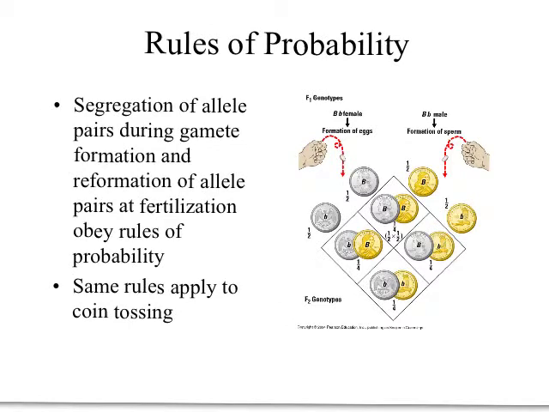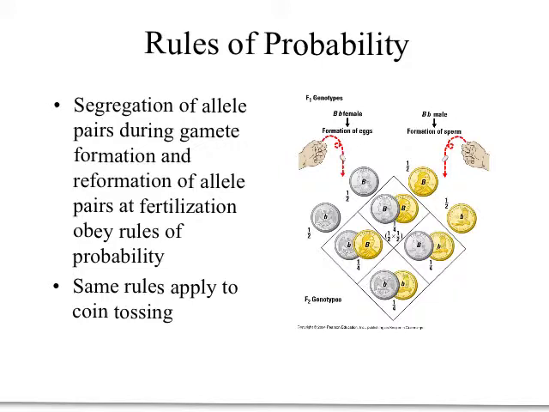So in genetics we have this rule of probability, which basically says that when gametes, the sperm cells and egg cells, are forming and meiosis is happening, the different alleles of genes, whether dominant or recessive, are going to segregate into the daughter cells by random chance.